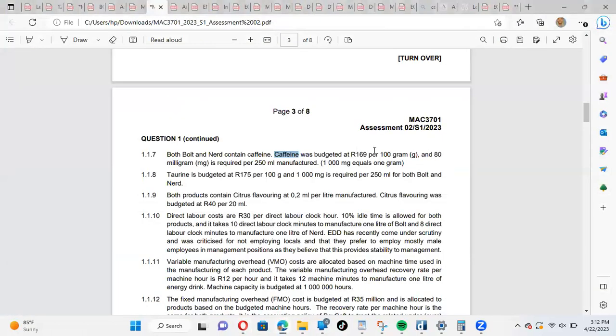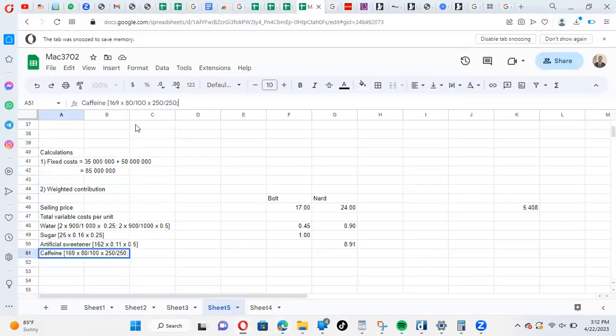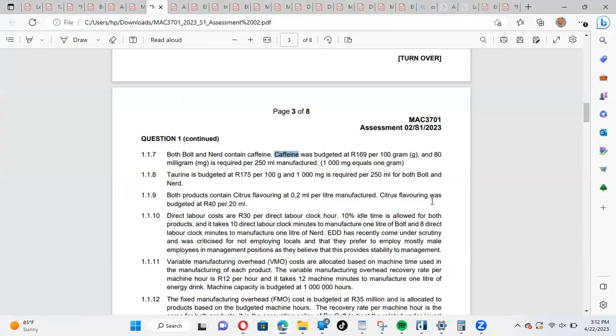The 80 is milligrams, not grams. Oh yes, sorry, you are right. Let's correct that quickly. Let's convert this 100 grams to milligrams, which is going to be 100,000.